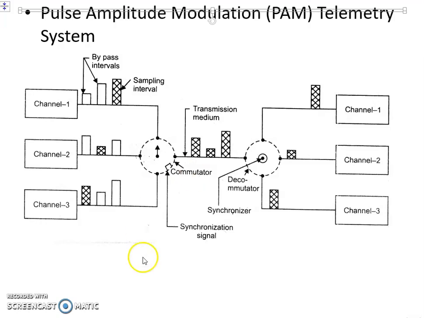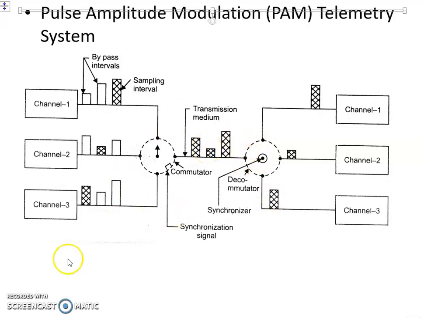In order to overcome that limitation, the PAM telemetry system allows a higher channel capacity. The pulse amplitude modulation telemetry system is also called the time division multiplexing telemetry system.